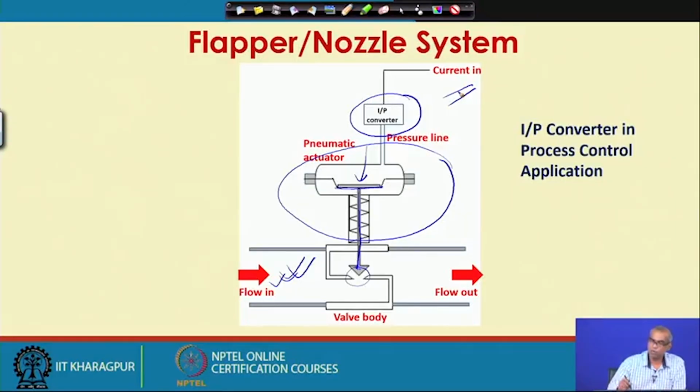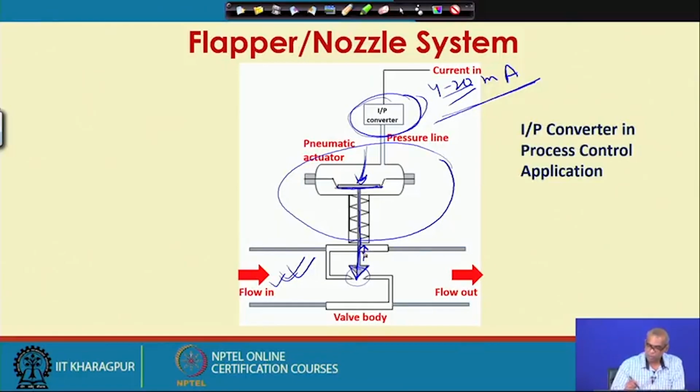The electrical controller will send a signal of 4 to 20 milliampere current. Depending on this current, the IP converter will generate a pressure signal. That pressure signal will go to the diaphragm of the control valve, and accordingly it will push this down or pull it a little bit.